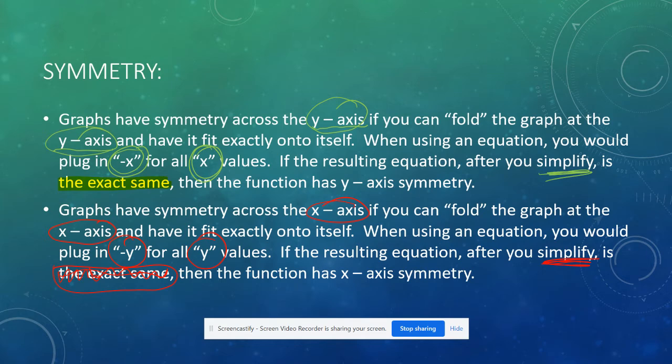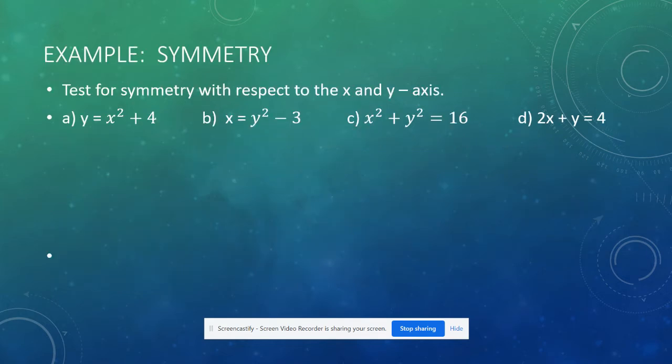So let's try some of this. For y-axis symmetry, we are doing y is equal to negative x squared plus 4. So let's simplify this. The negative is inside with the x, so when I square it, that value would become positive.